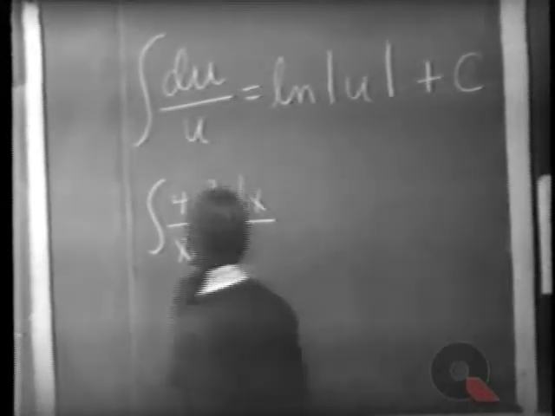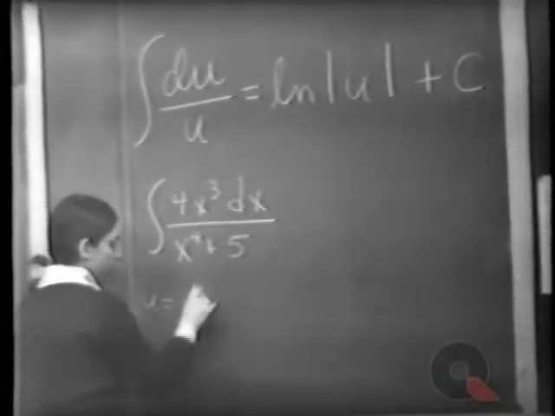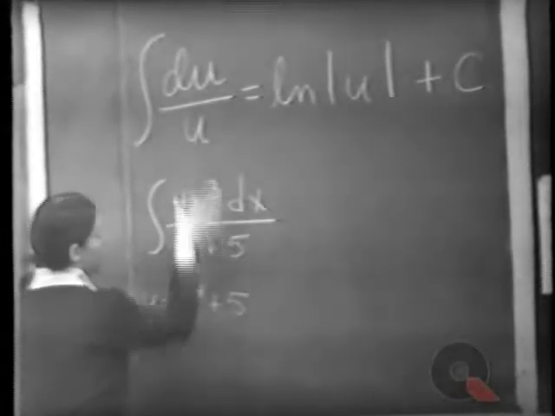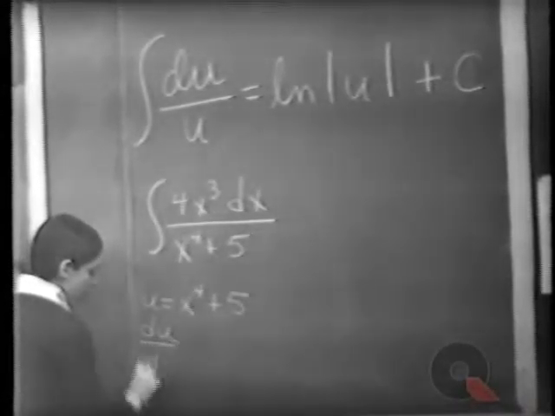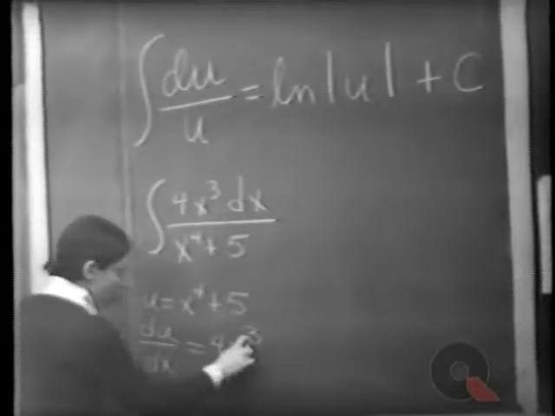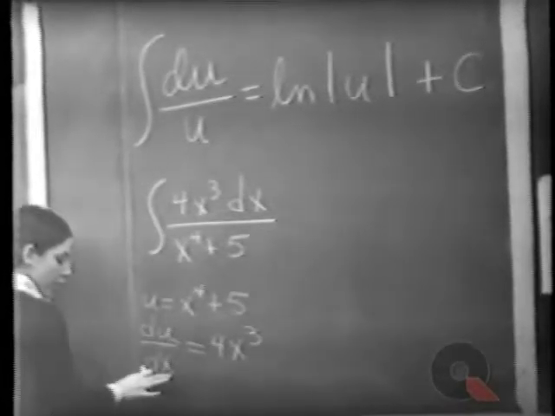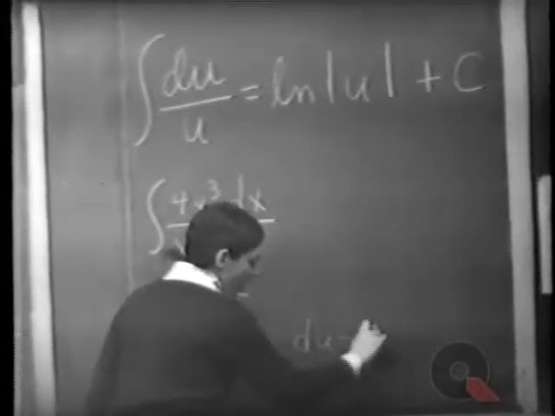Let us make the substitution and see. If u is equal to x to the 4th plus 5, the denominator, well then du dx, the derivative of u with respect to x, would be 4x cubed. Du, the differential of u, would be 4x cubed dx.